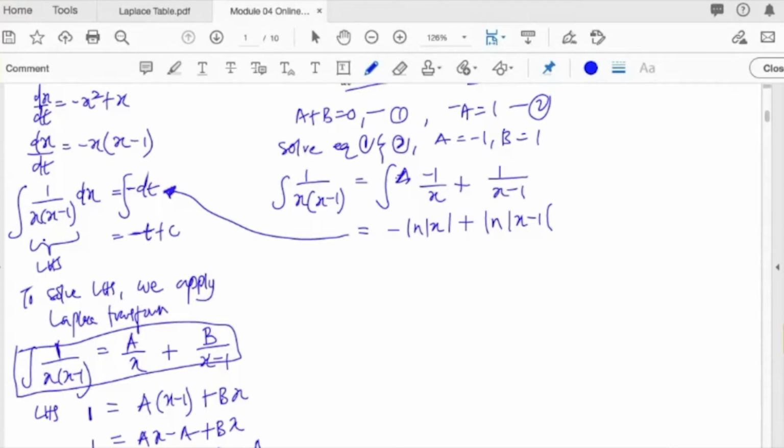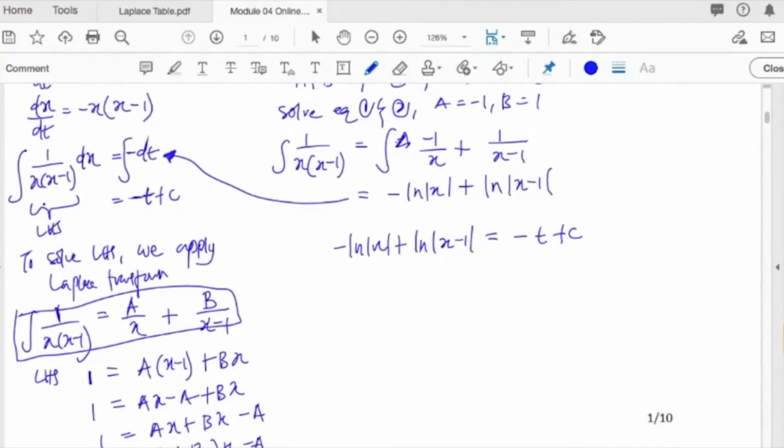So we have negative ln x plus ln x minus 1 equal to negative t plus c. We can write this as ln of x minus 1 divided by x, because this is minus, equal to negative t plus c.